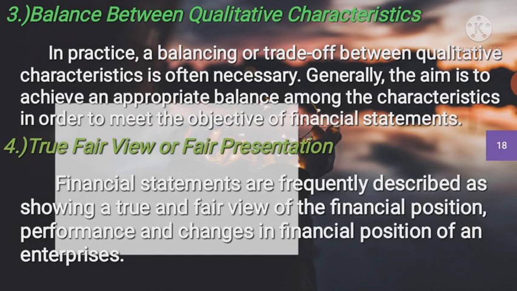True and fair view, or fair presentation. Financial statements are frequently described as showing a true and fair view of the financial position, performance, and changes in financial position of an enterprise. True and fair view, or fair presentation, in auditing means that the financial statements are free from material misstatements and faithfully represent the financial performance and position of the entity.